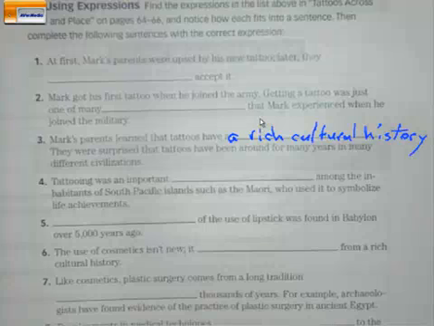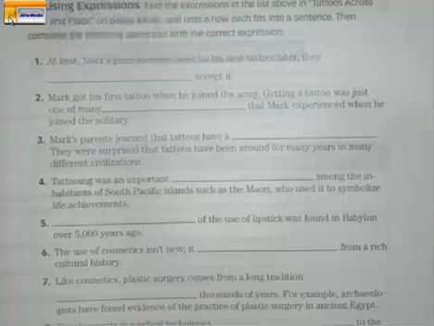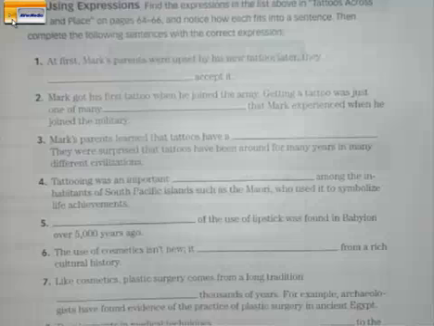A rich cultural history. Number 4, tattooing was important among the inhabitants of South Pacific islands, such as the Maori, who used it to symbolize life achievements.